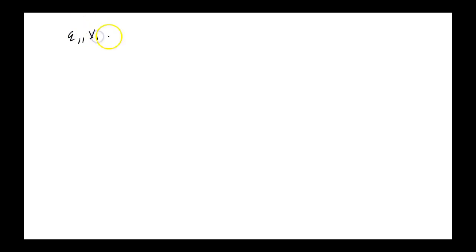A11 x1 plus A12 x2 plus A13 x3 plus dot dot dot plus A1n x sub n is equal to 0. Before it was always b sub 1. Now it's 0. B sub 1 is 0.